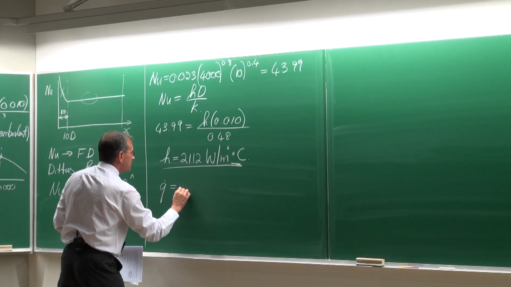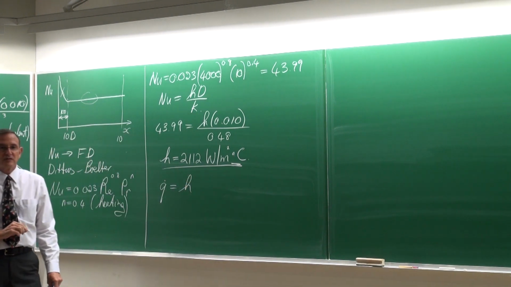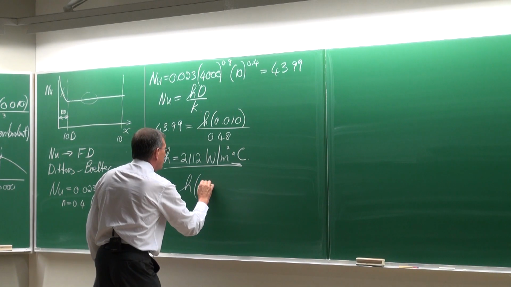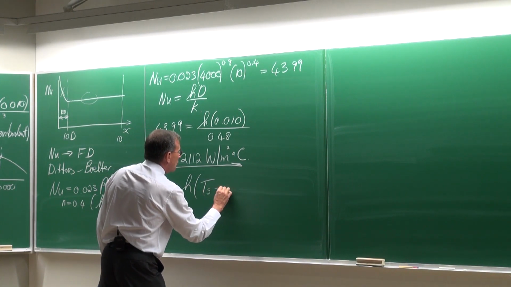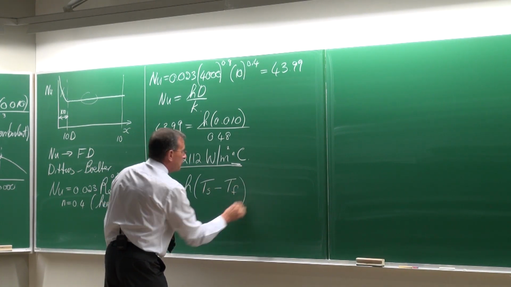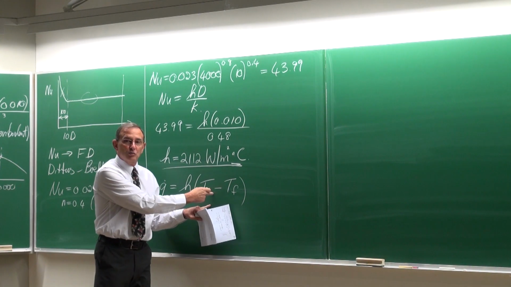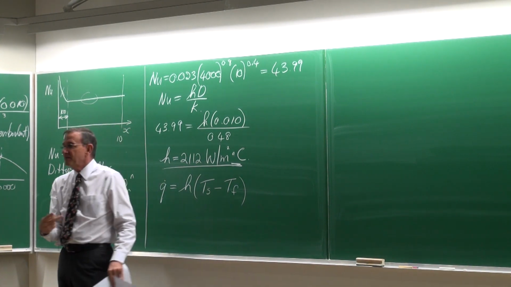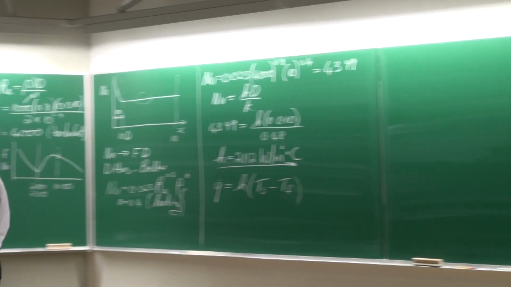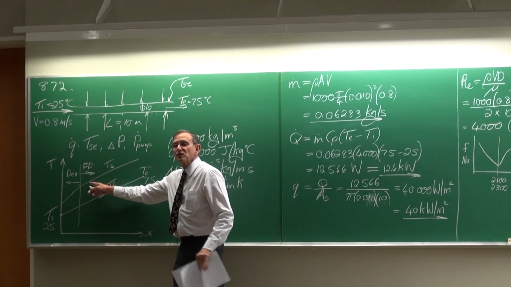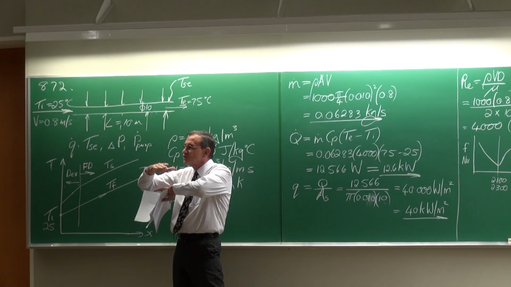The heat flux in general is equal to the heat transfer coefficient multiplied by the surface temperature minus the fluid temperature. In this case, we do not have to work with the log mean temperature difference method because we don't have a surface temperature that remains constant.